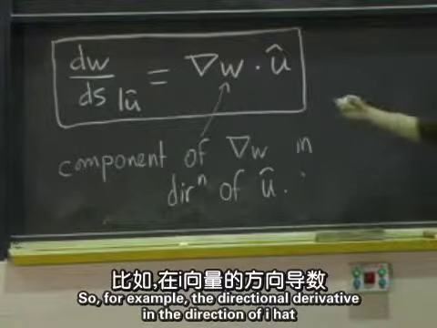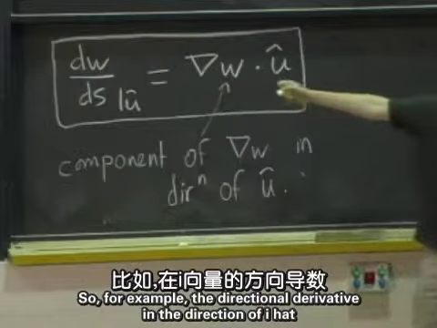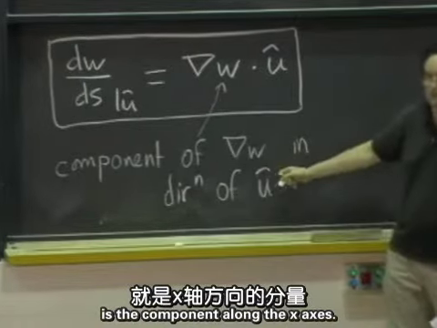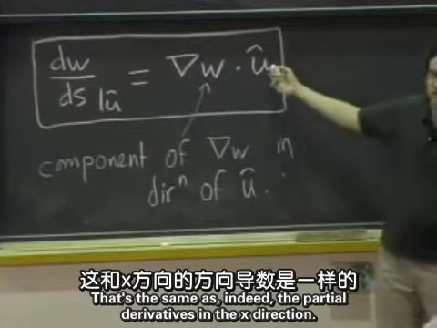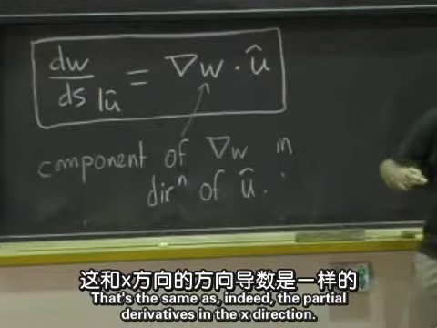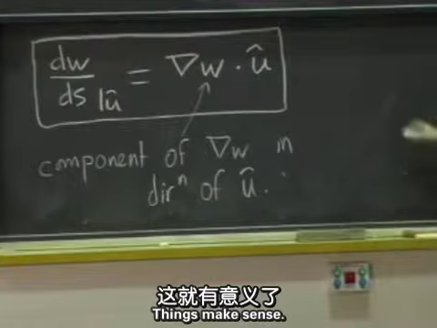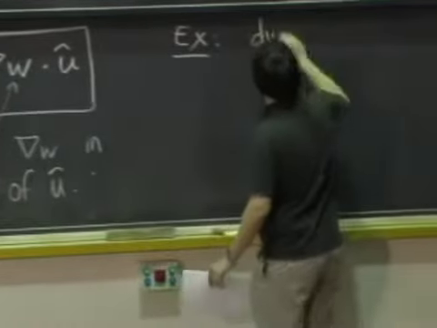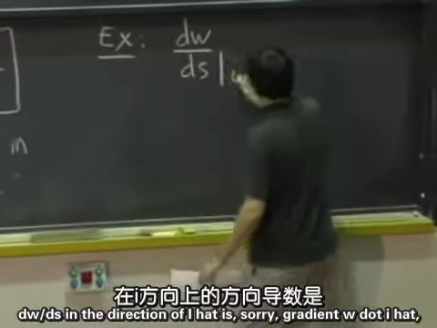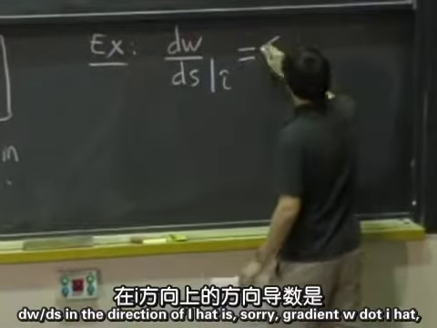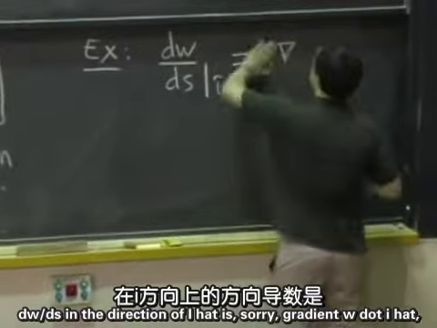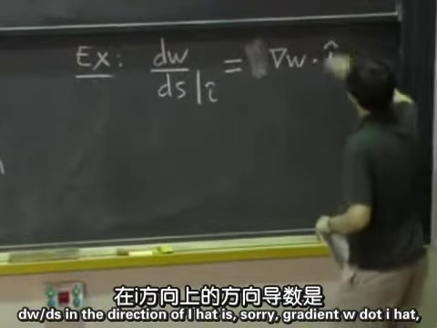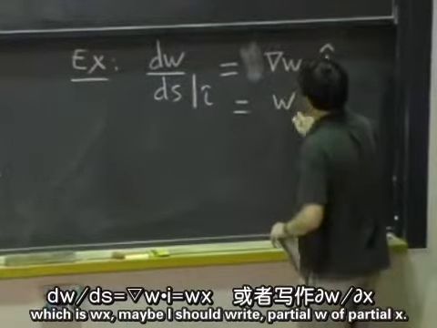So for example, the directional derivative in the direction of i hat is the component along the x-axis. That's the same as, indeed, the partial derivative in the x direction. Things make sense. dw ds in the direction of i hat is gradient w dot i hat, which is w sub x.